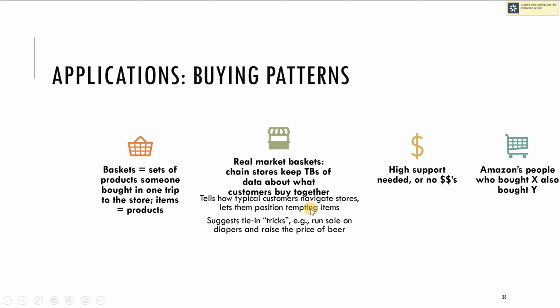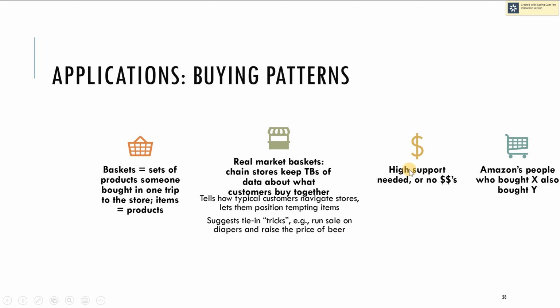For example, Tesco will always store the transactions of their customers. From there, we can tell how a typical customer navigates the stores, and the company can position tempting items and suggest tie-in tricks. For example, run sales on diapers and raise the price of beer.